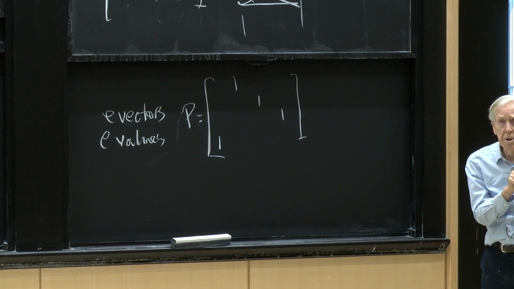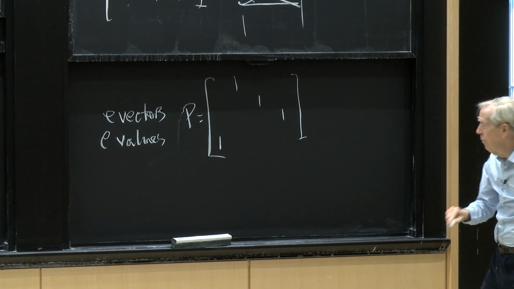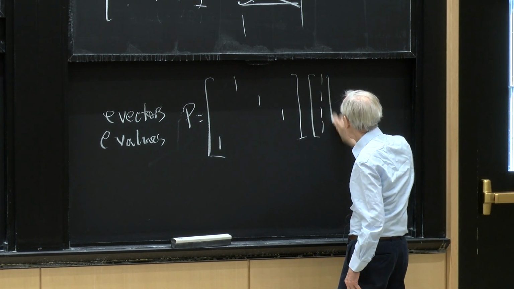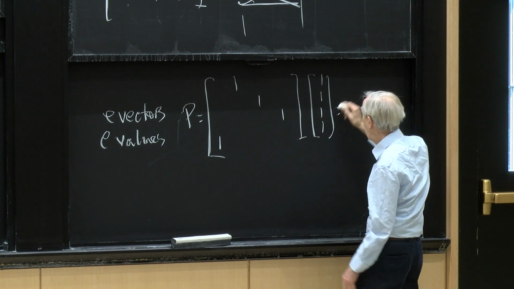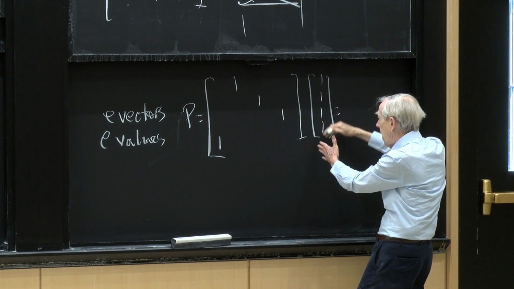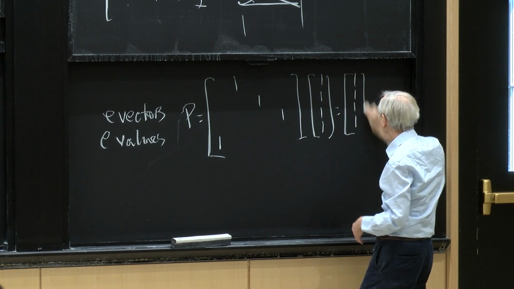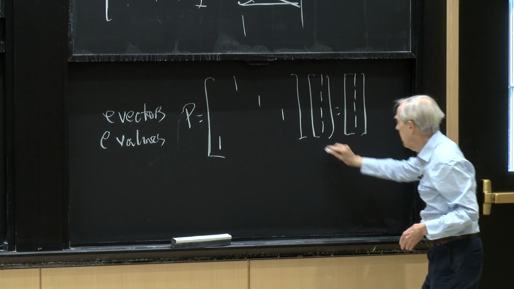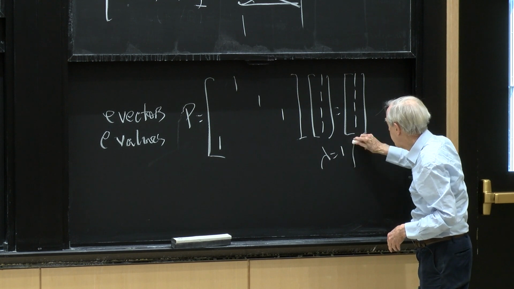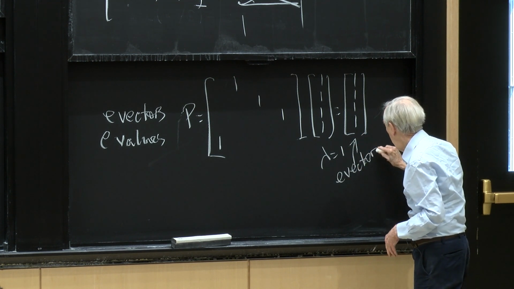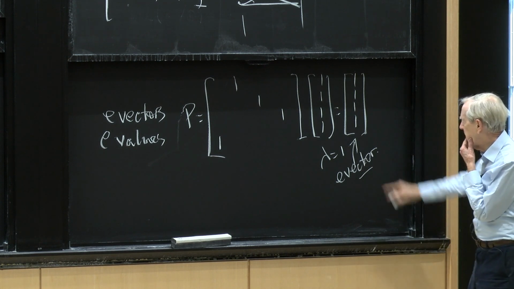Somebody mentioned that the vector of 1, 1, 1, 1 is an eigenvector, because if I do that multiplication, it shifts this vector down and cyclically around, but that just brings back the same vector. So lambda is 1, and that's an eigenvector with eigenvalue 1.